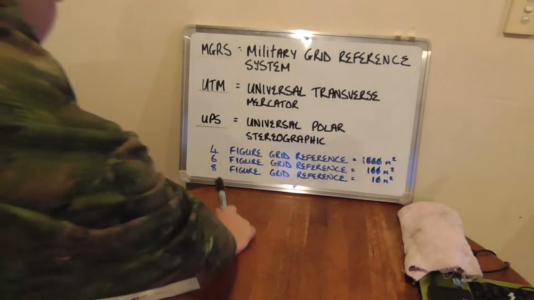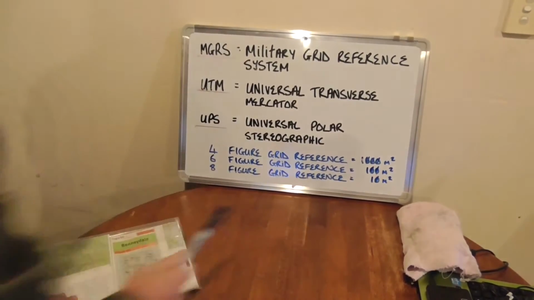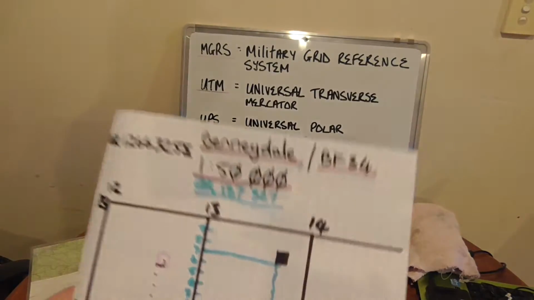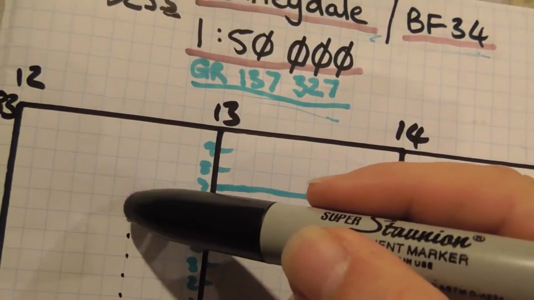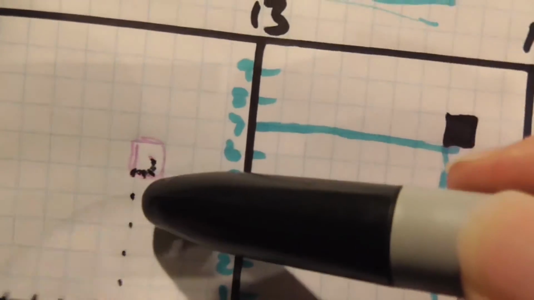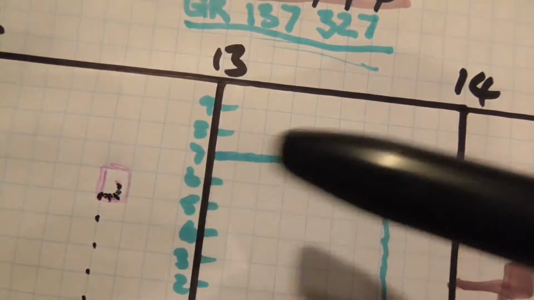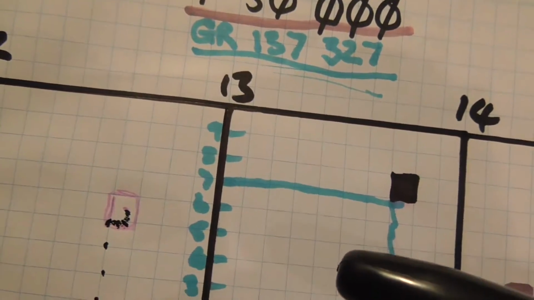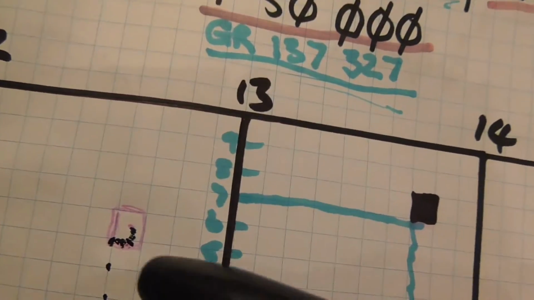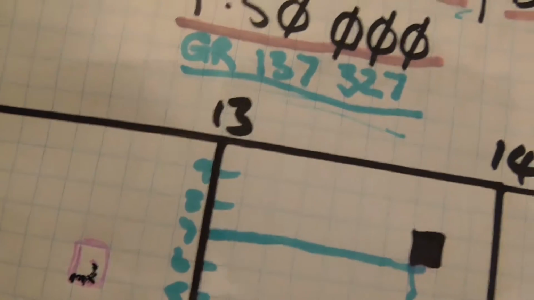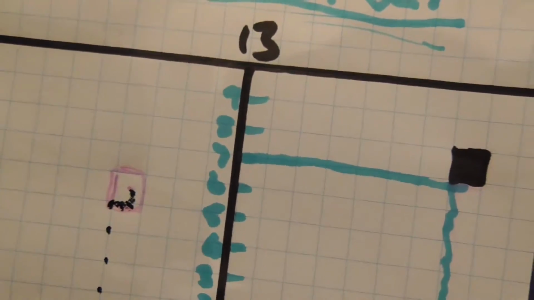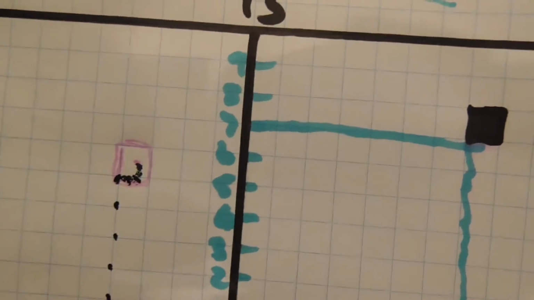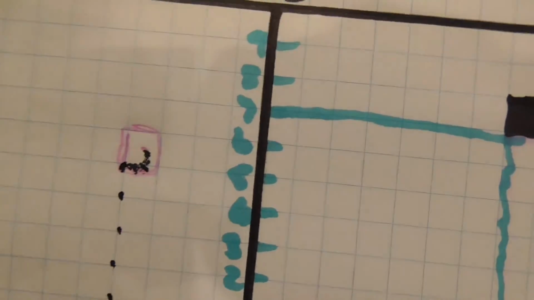an 8-figure grid reference, which is 10 meters squared. So if somebody was coming looking for us, they would find us very easily, because we'd be within 10 meters. That's not a very big distance. If you look at rugby league, where people back up 5 meters, they'd be backing up twice that distance, 10 meters.